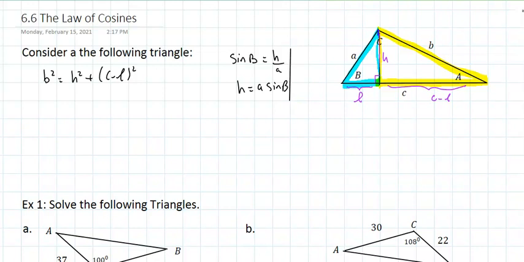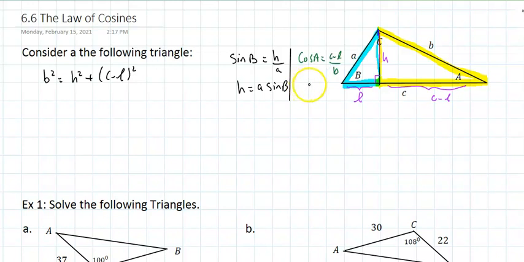Also, the cosine of angle A, is the adjacent over the hypotenuse.